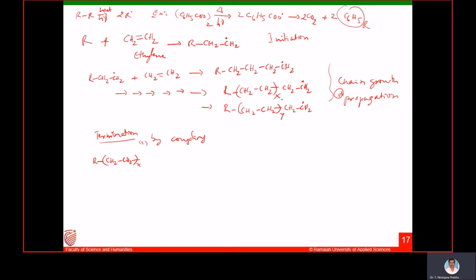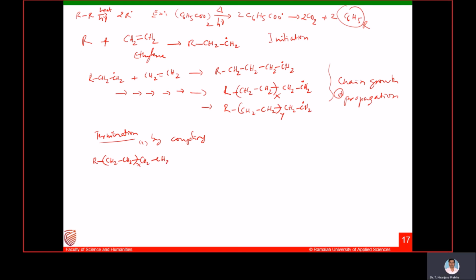X and Y may be same, or they may be different. Don't worry about that number. It depends on at what time each chain has started the reaction, and how well you are mixing the reactor to provide a new monomer to each growing chain. So that depends on that.